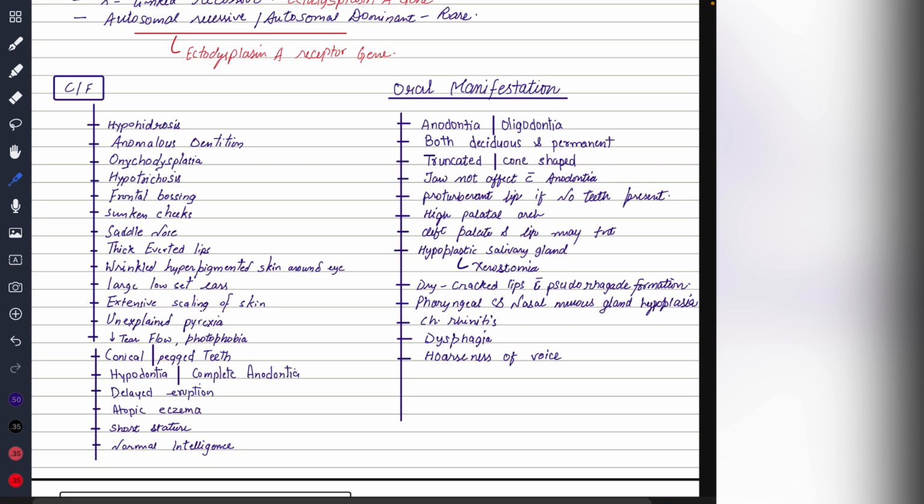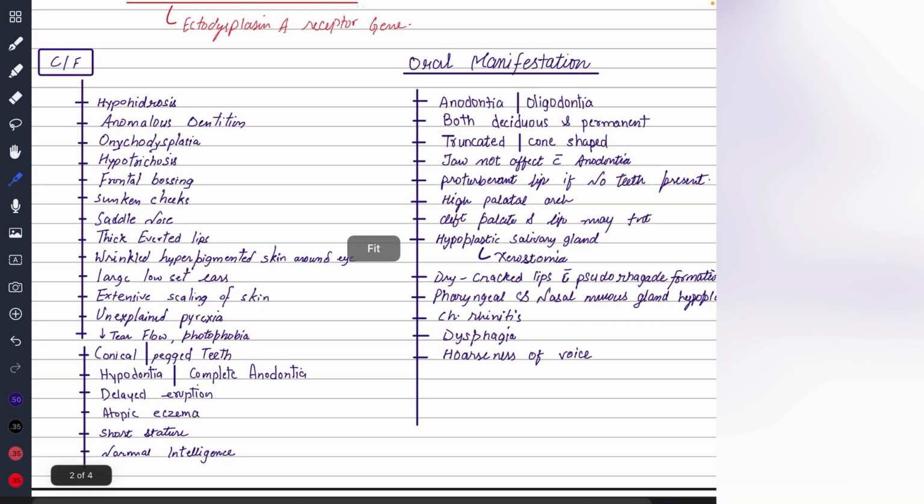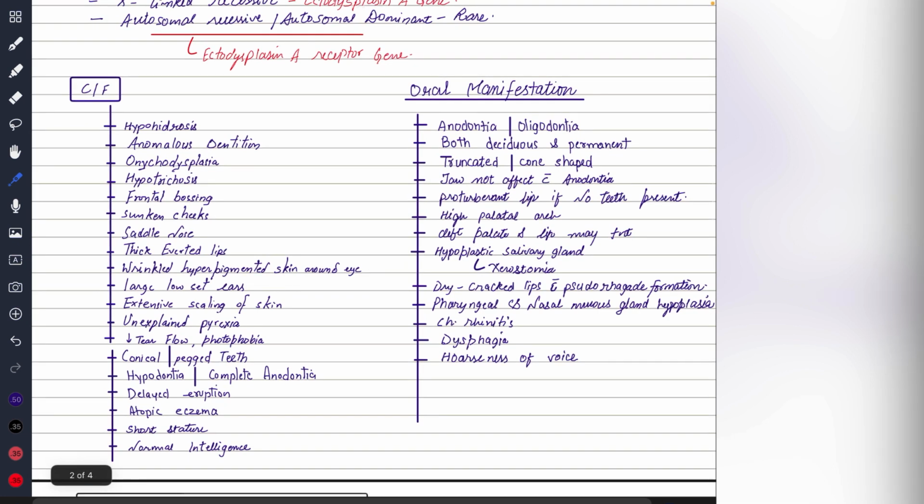This is frontal bossing. Sunken cheeks are self-explanatory because of dysplastic skin formation. Then you have saddle nose for a similar reason, and thick everted lips because of malformed skin. Also wrinkled hypopigmented skin around the eyes. So basically the entire face will be deformed. You have a big forehead, then small sunken cheeks, and then a saddle nose. Depressed cheeks, saddle nose, big forehead.